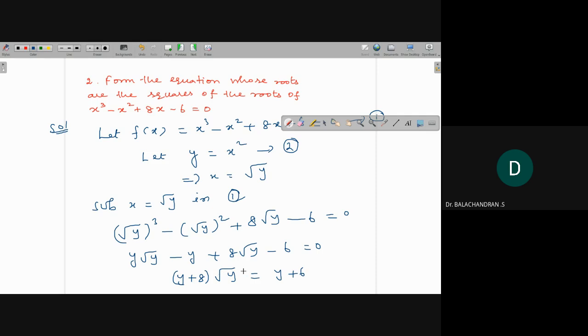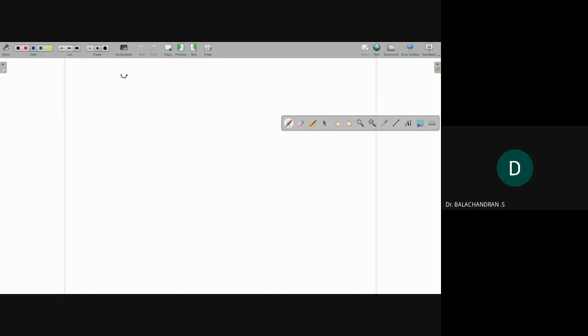So squaring on both sides, you will get what? y plus 8 whole square into y is equal to y plus 6 whole square. So expand this one.